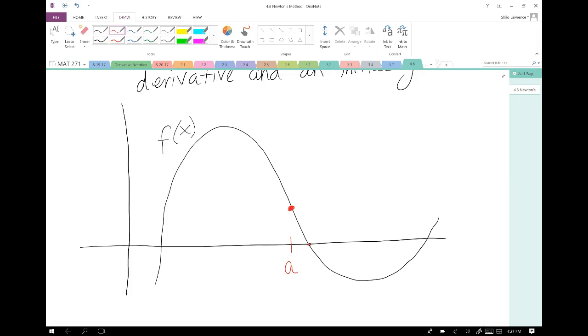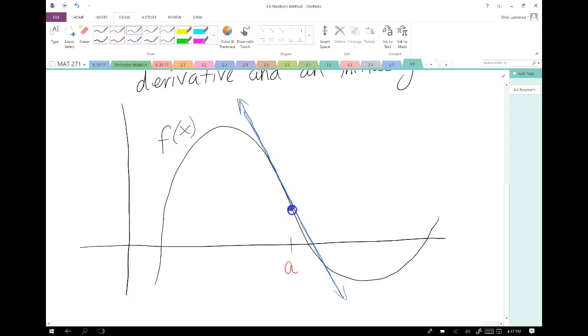So what we're going to do is figure out what the tangent line is at a. And I'm going to draw that tangent line. That's not a great tangent line, but that's okay.